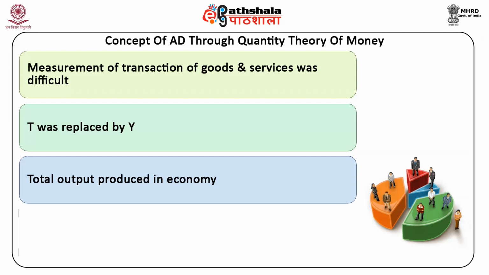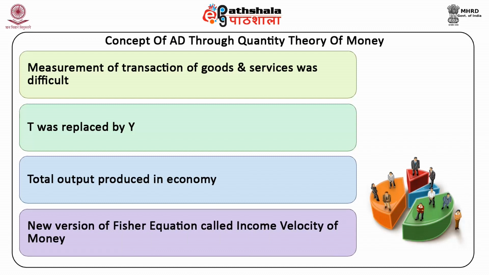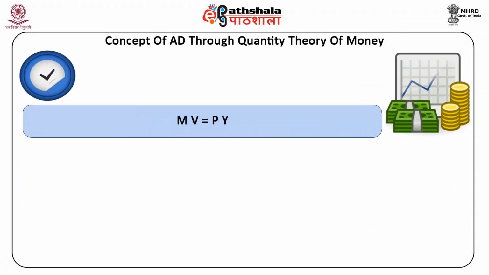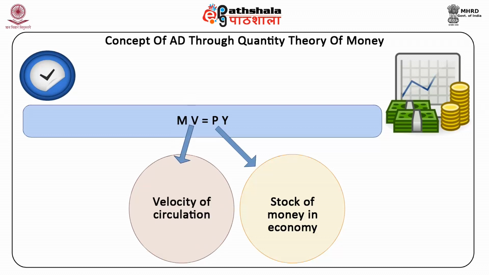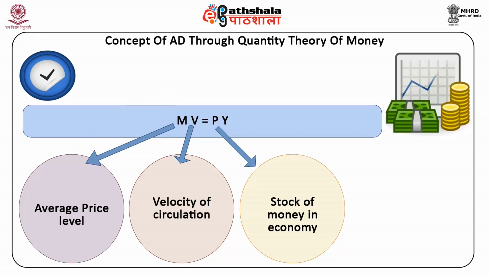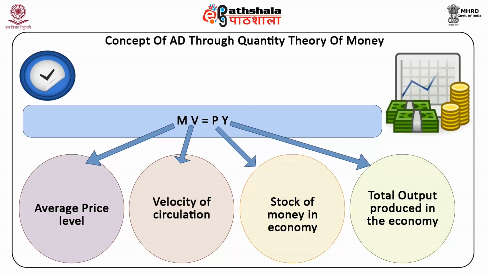This brings to the new version of Fisher equation called income velocity of money, given as MV = PY, where M is the stock of money in the economy, V is the velocity of circulation, that is, the number of times money changes hands, P is the average price level, and Y is the total output produced in the economy.